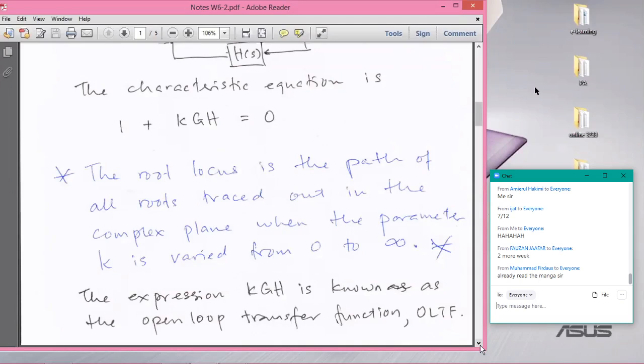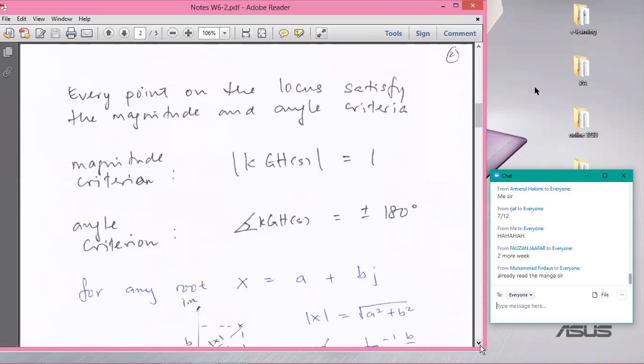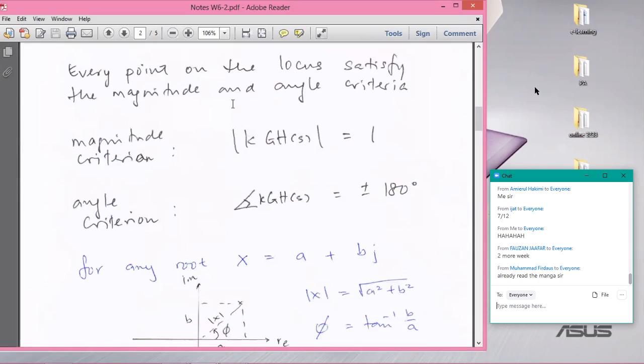So on the complex plane, we can say that every point on the locus must satisfy that the magnitude of KGH must be equal to 1. KGH is a function of the complex variable s. So every point on the locus must satisfy these 2 criteria. One is the magnitude criterion: the magnitude of KGH must equal 1, and the angle criterion: the angle of -1.